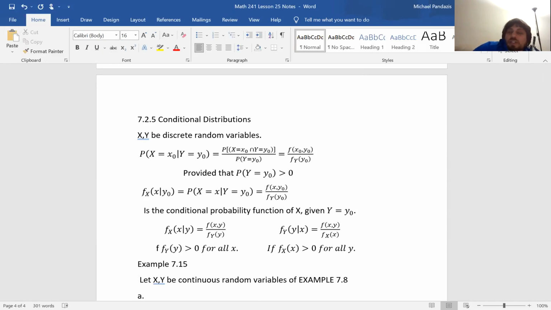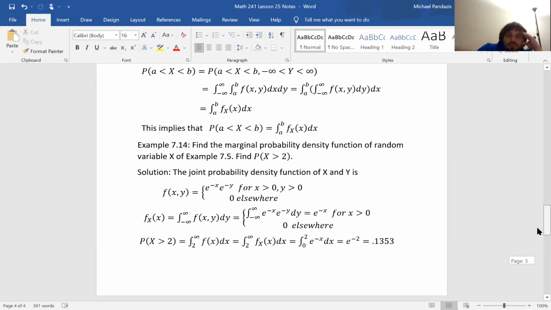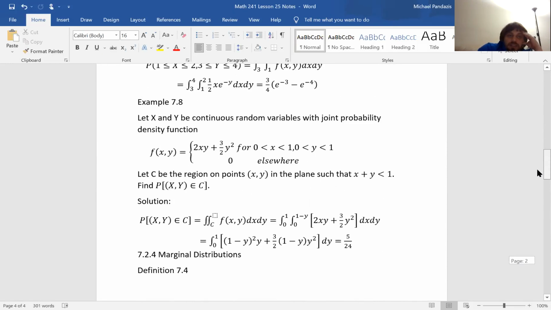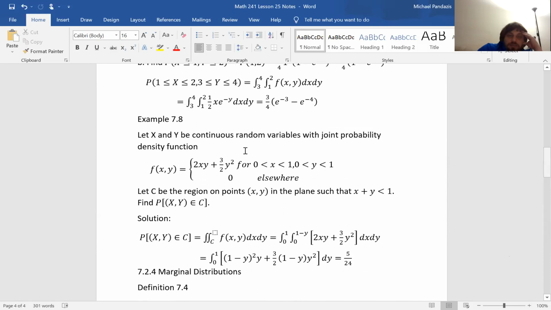Okay, so let's do part A. So example 7.8 is what we just did up here, this one. Okay, so all this is what we're working with in this example.